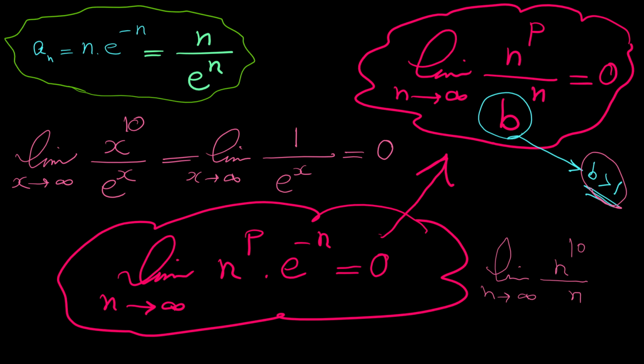So any number greater than 1, even 1.1 to the n, this limit is always 0. What about this? 0. What about this? 0. So as long as the exponential part is in the denominator, the exponential is bigger than the numerator and the limit is 0.